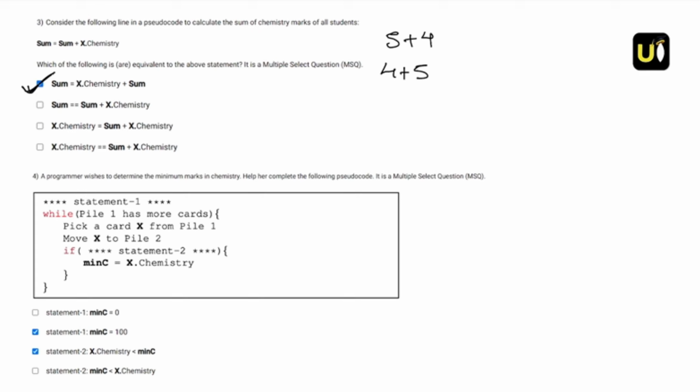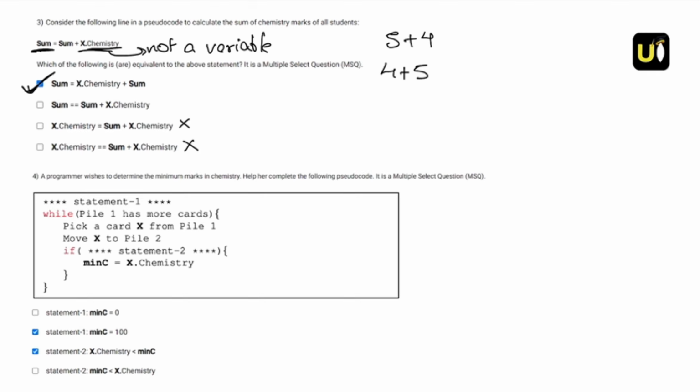So the problem here is that sum is a variable, but x chemistry is not a variable. This is a constant, so this cannot be changed. So these two statements are wrong because x chemistry would remain the same for any particular card, but the sum would be updated every time. Sum is a variable.